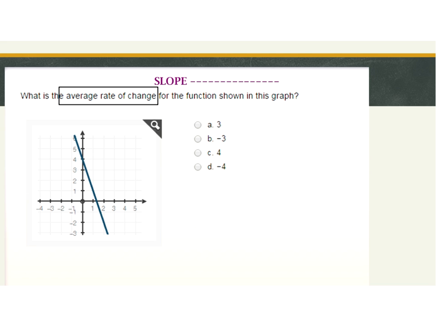So when you are finding slope, what you need to do is identify 2 dots. That's the first thing you want to do. And that way you do your rise over your run. So I find 2 things that I can easily find coordinates for, the 0, 4, and the 1, 1. So I make my triangle. It's my right triangle, right?